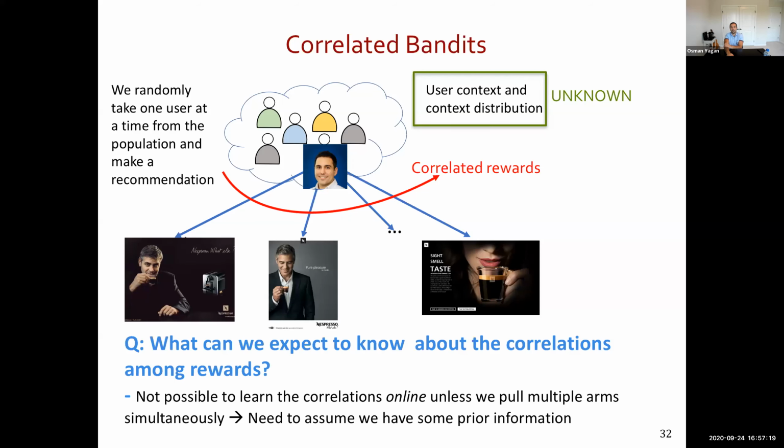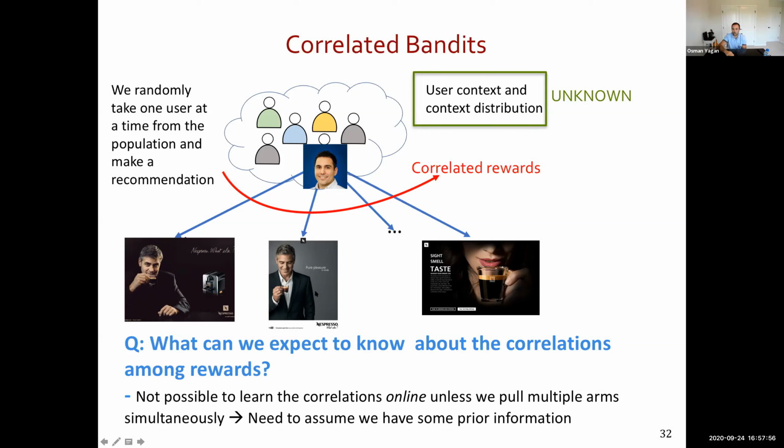at any given time. And once we are convinced that in a setting like this, where you get users one at a time and make one choice and then let them go, the question is, what can I assume reasonably about the correlations between rewards? The first thing we notice is that you cannot learn these correlations under the assumptions posed unless you can pick this user and then show them multiple ads simultaneously, or keep them in the game and get their reaction to different items.